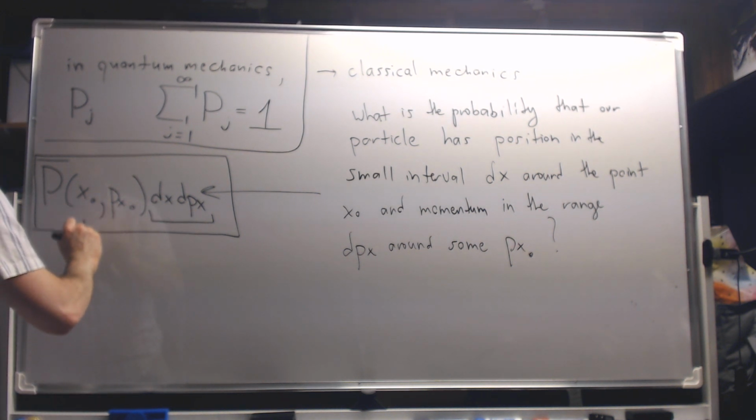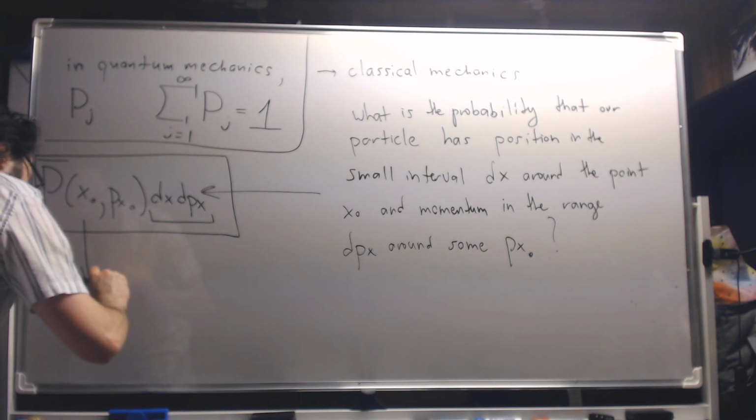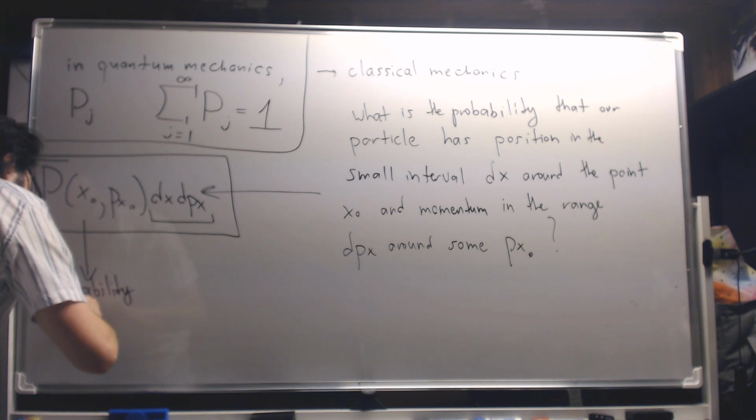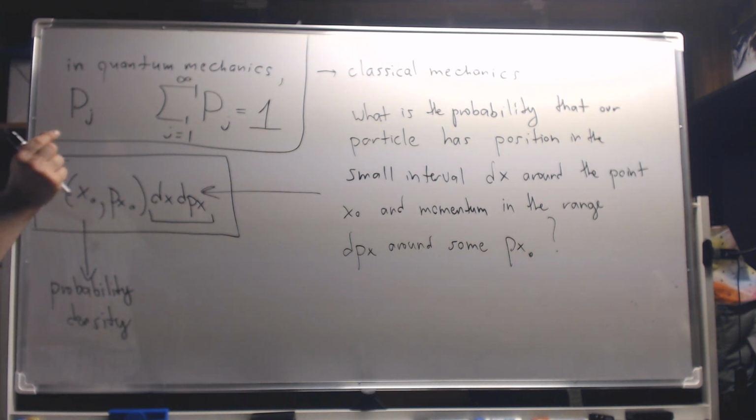This quantity is the probability density, or said in words, the probability per unit interval in x and per unit interval in dpx.